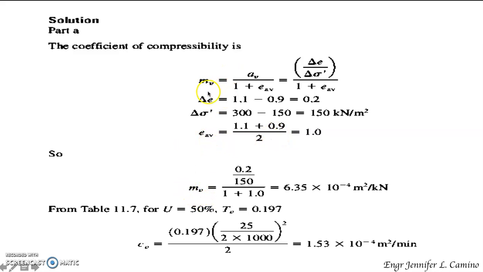Therefore, our coefficient of compressibility is equal to 6.55 times 10 to the negative 4 m squared per kilonewton. And from our table 11.7, for U of 50%, T sub v is 0.197. So we can now have C sub v, which is equivalent to 1.53 times 10 to the negative 4 meters squared per minute.